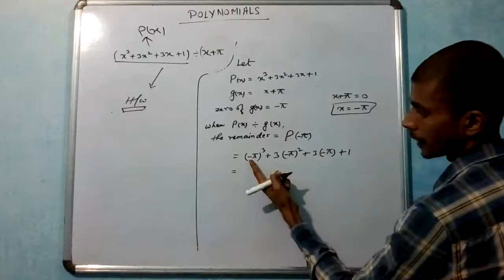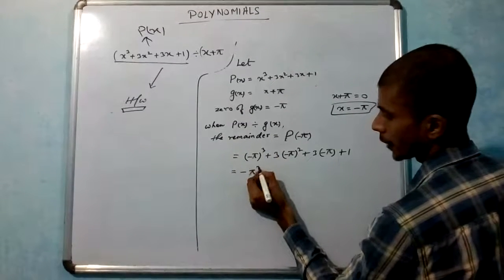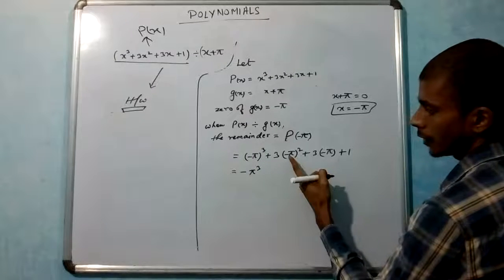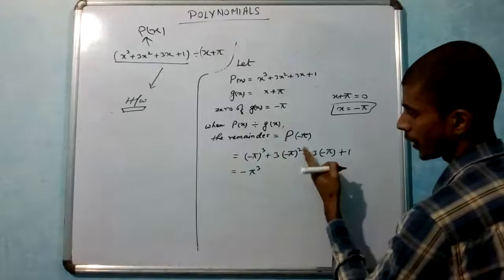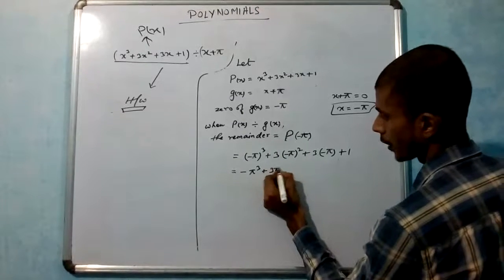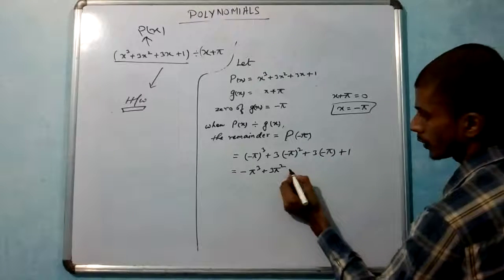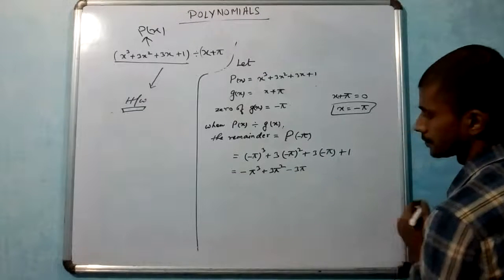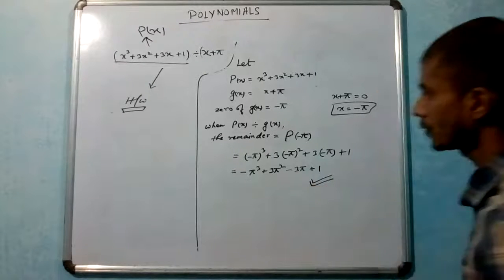Minus sign is here and cube is odd, so minus will be outside and then pi cube. Here the square makes it plus, so it becomes 3 pi square. And here minus pi into 3 becomes minus 3 pi, plus 1. And that is the remainder answer. Okay?